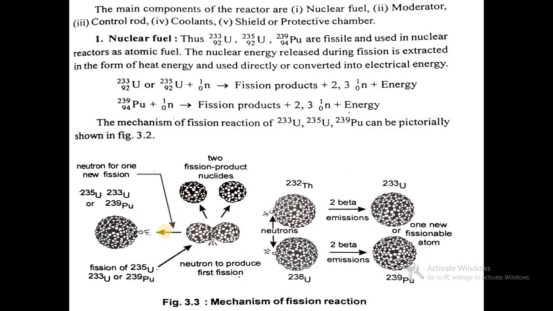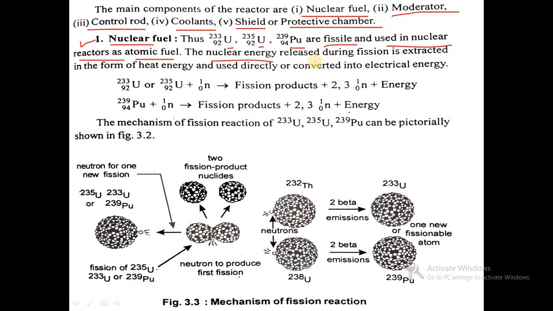The main components of the reactor are: first, nuclear fuel; second, moderator; third, control rods; then coolants; and last, the sealed or protective chamber. First, nuclear fuel: uranium 233, 235 and plutonium 239 are fissile materials, used in nuclear reactors as atomic fuel.